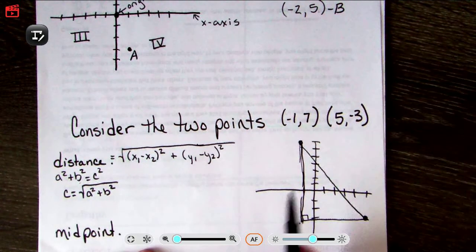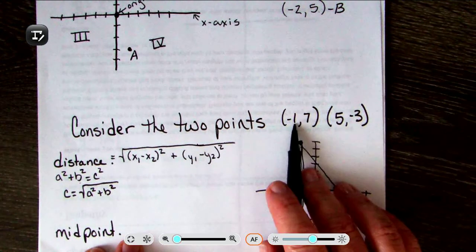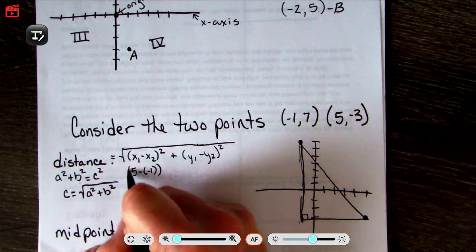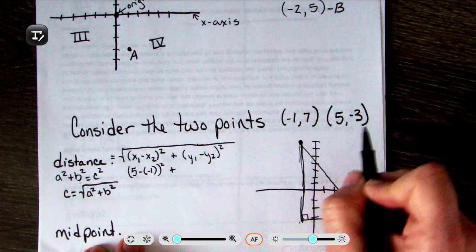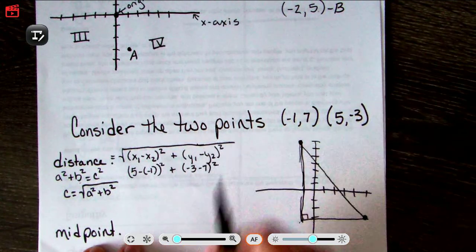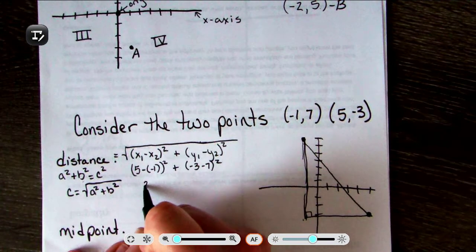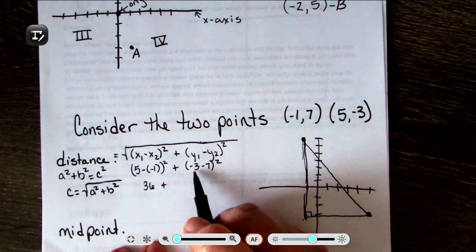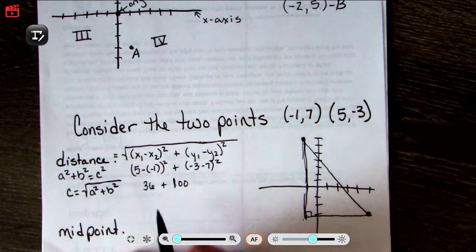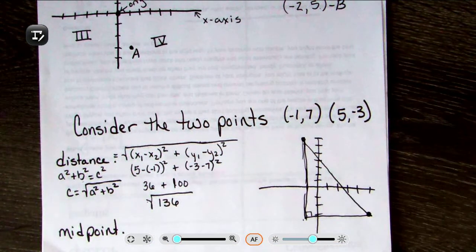So for this example, we can take our x values, and we can do 5 minus a negative 1, squared, plus my y's, then that negative 3 minus 7, squared. So this gives me 6 squared, which is 36, plus this would be a negative 10 squared, or 100. So we end up getting the square root of 136.